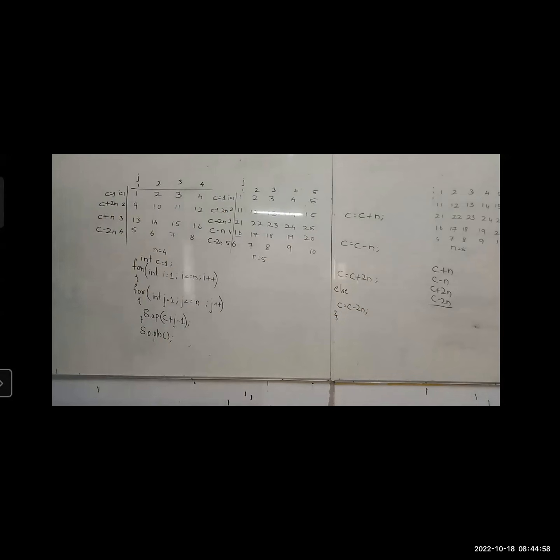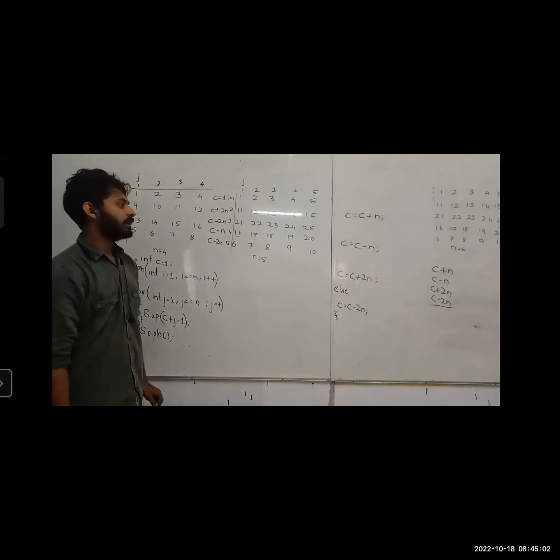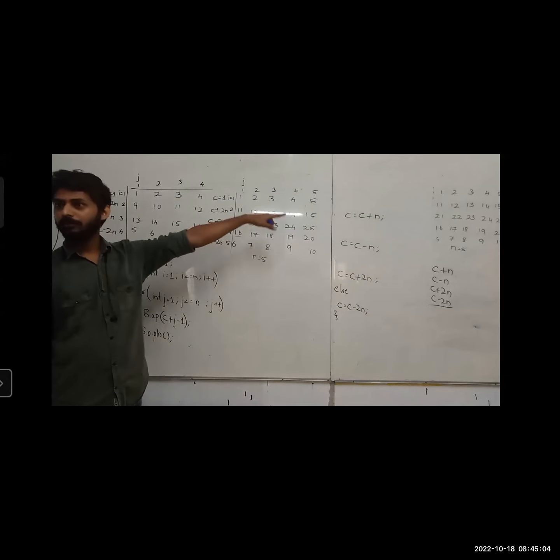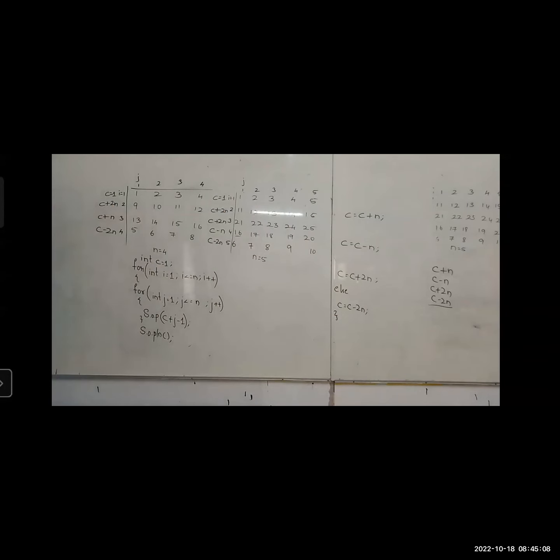So now what we should check is where all I'm using C plus n, because now I want only C plus n. So now my duty is to check where all I'm using C plus n.